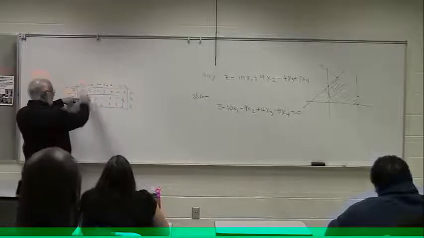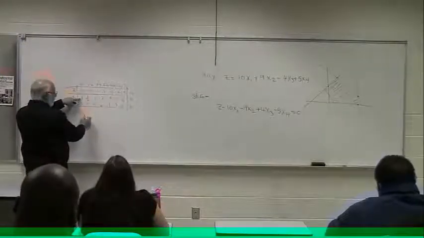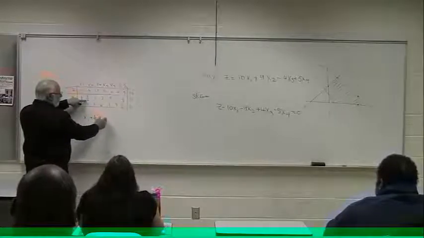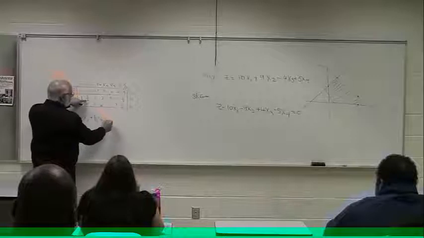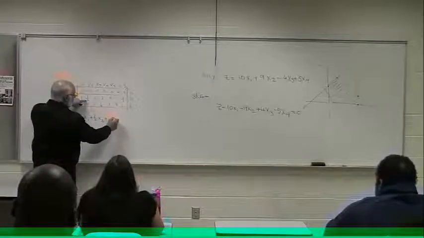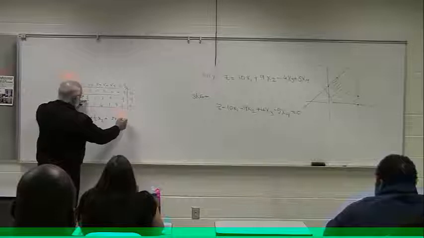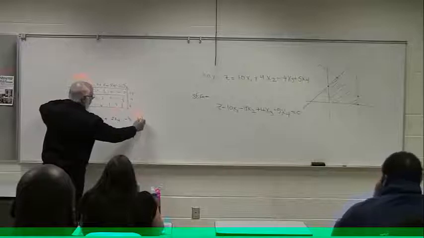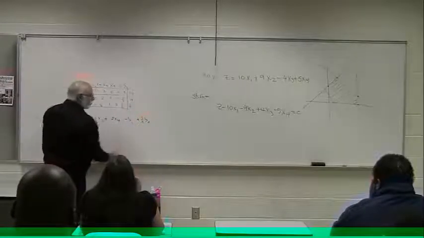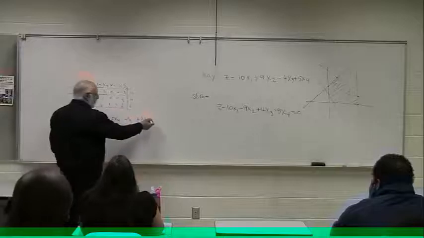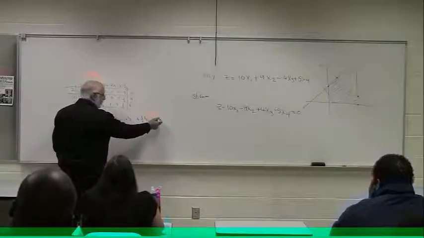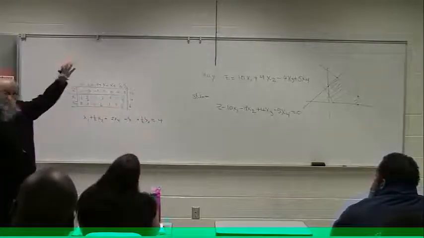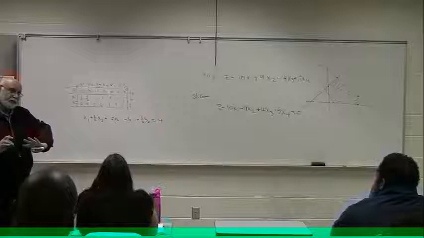It is 1x1, plus 1/2 x2 plus 2x4 minus s1 plus 1/2 s2 equals 4. That's how you put them from the standard form into the Tableau.